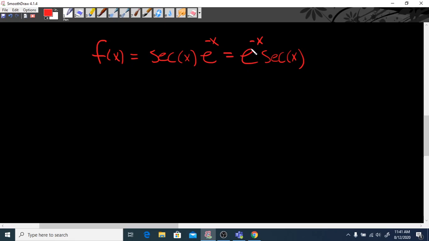we need to realize that we have an exponential function multiplied by a trigonometric function. So because of this multiplication, if we take the derivative, we have to use the product rule. Okay? So, product rule, right?